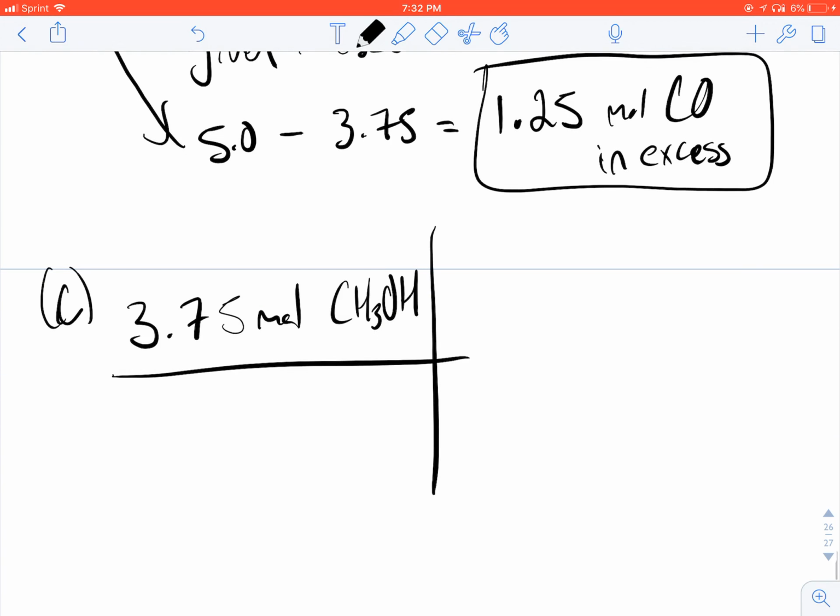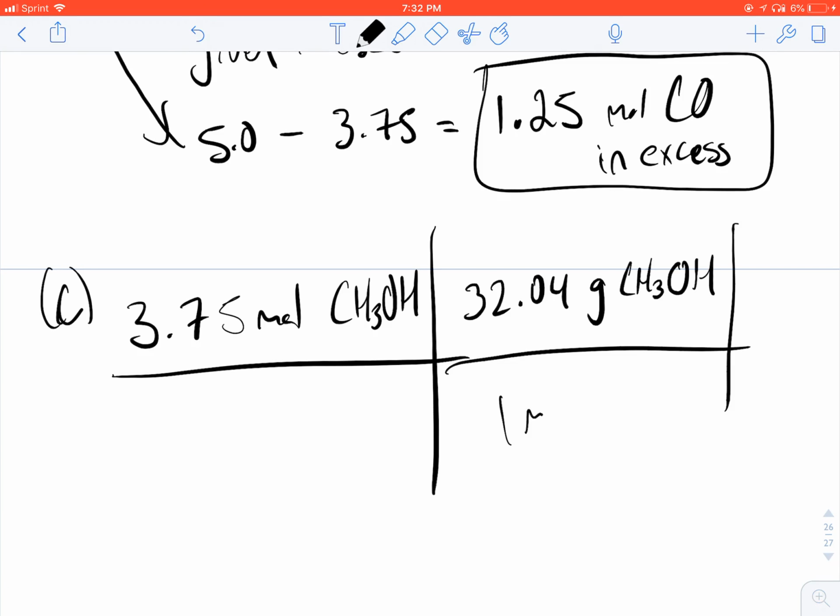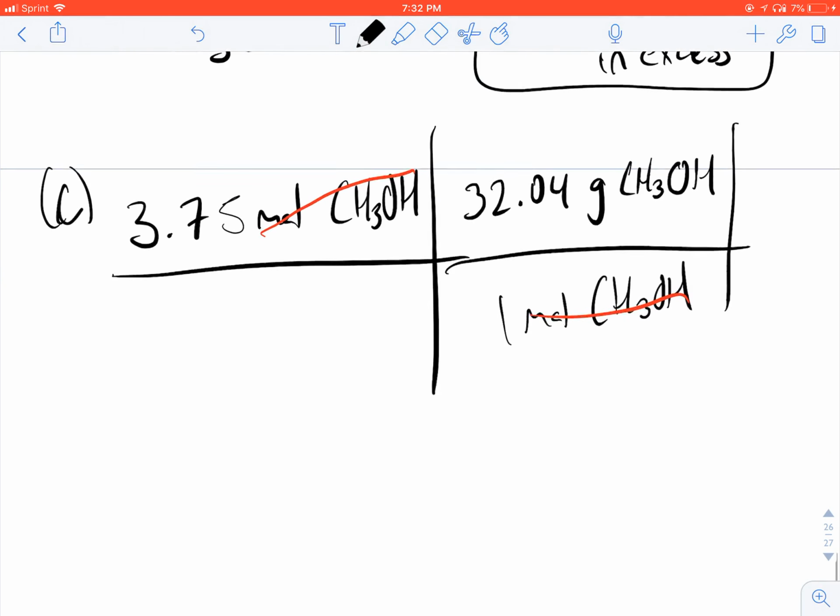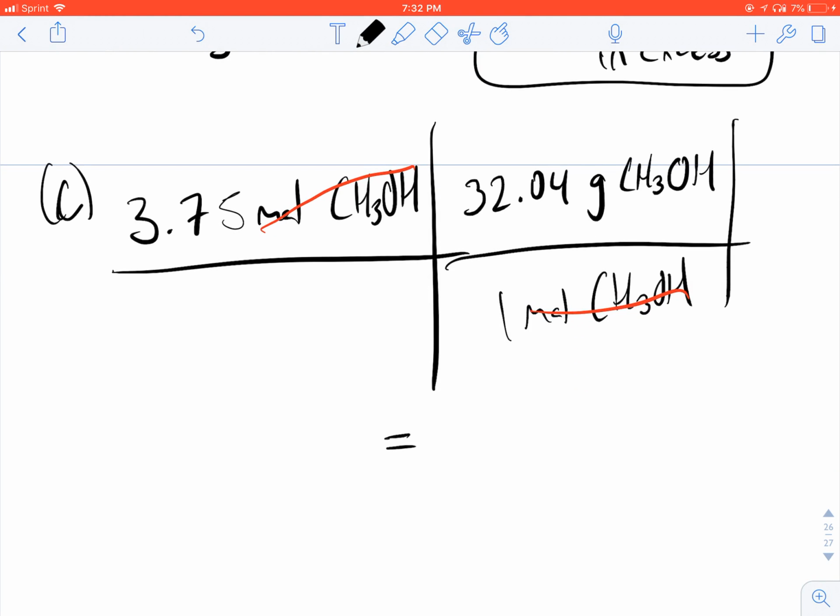All right, we could look that up, and we'll see that the molar mass is 32.04 grams per 1 mole. Cancel out the units, showing that because we are good students, and we could find that we have 3.75 times 32.04, which is 120.15 grams of methanol.